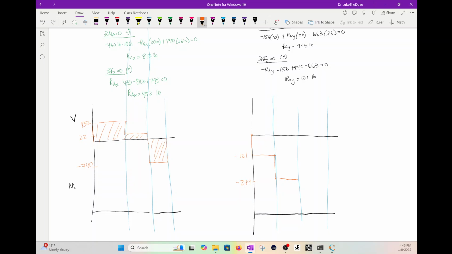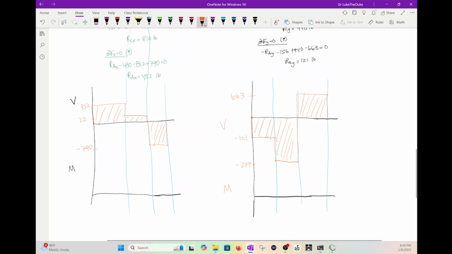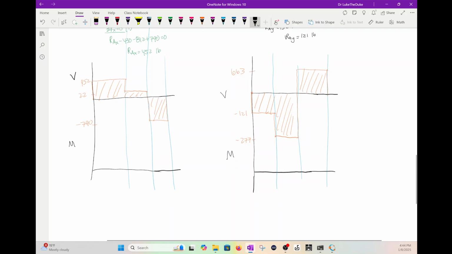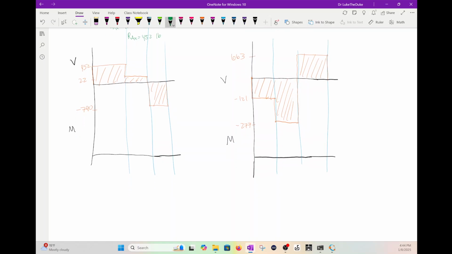Then it's going to shoot all the way up. This is 663. Goes over and it's going to go back down. There's our shear. So V. This is M. V. M. Okay, now let's do our moments.